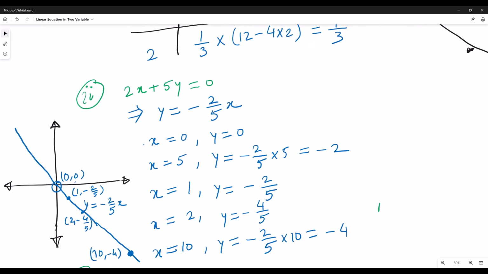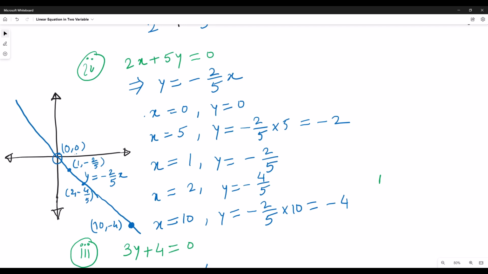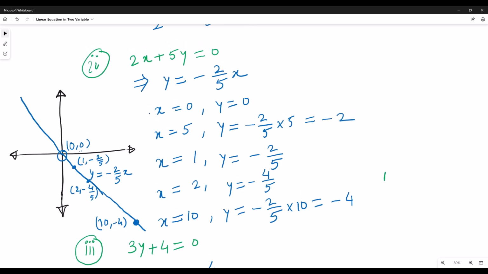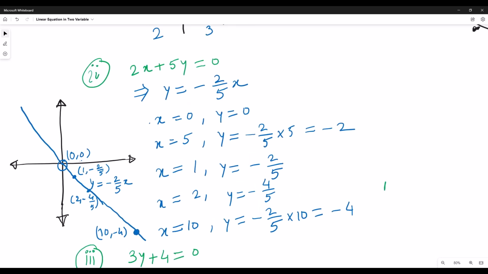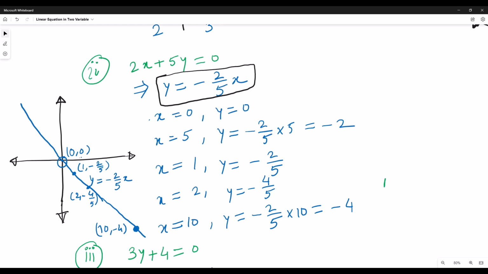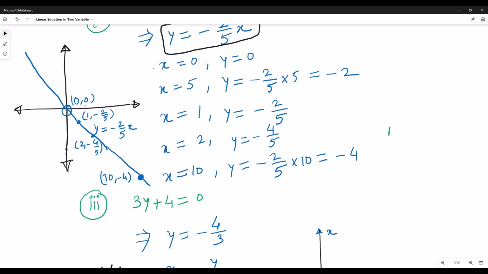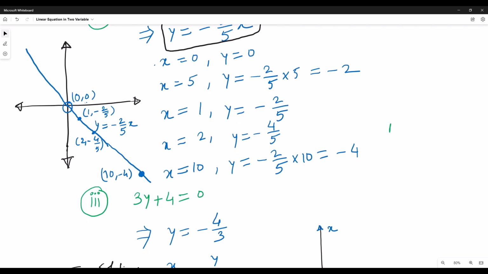2x plus 5y equals 0. So you have to find out the solution. First write the expression y equals minus 2 by 5 x. So you put the value of x and you get the corresponding value of y. And you can plot it on a graph also.